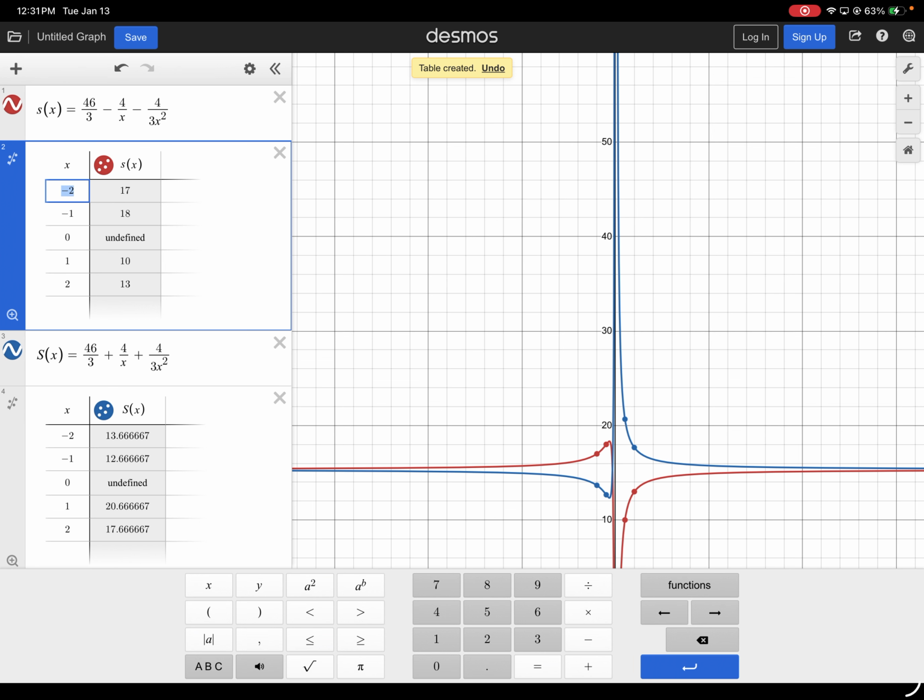So we can slap our limit notation on there and say the limit as n approaches infinity of lowercase s of n is equal to the limit as n approaches infinity of capital S of n. And that limit is 15.3 repeating, or 15 1/3.